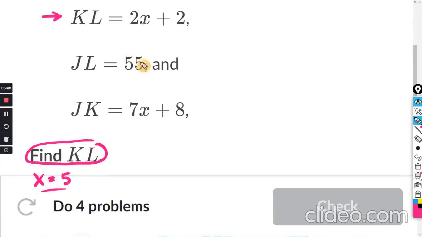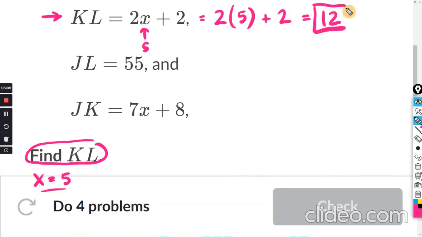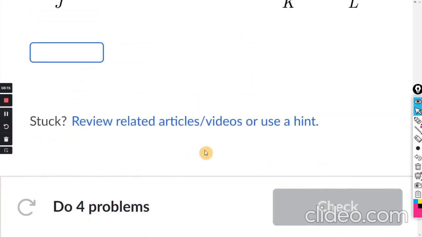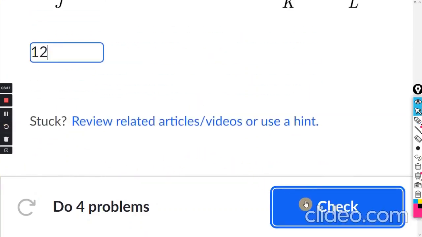Since x equals 5, I'm going to put a 5 right in there. So that's going to be 2 times 5 plus 2. 2 times 5 is 10, plus 2 is 12. And that is your final answer. So just click in the box and type 12.